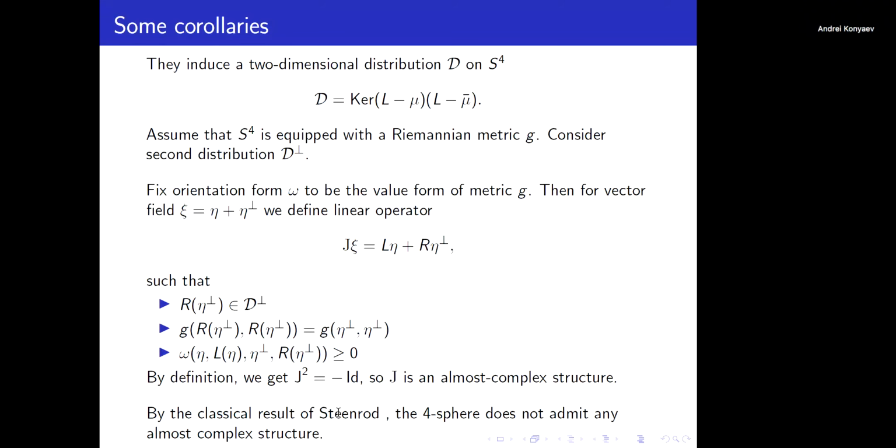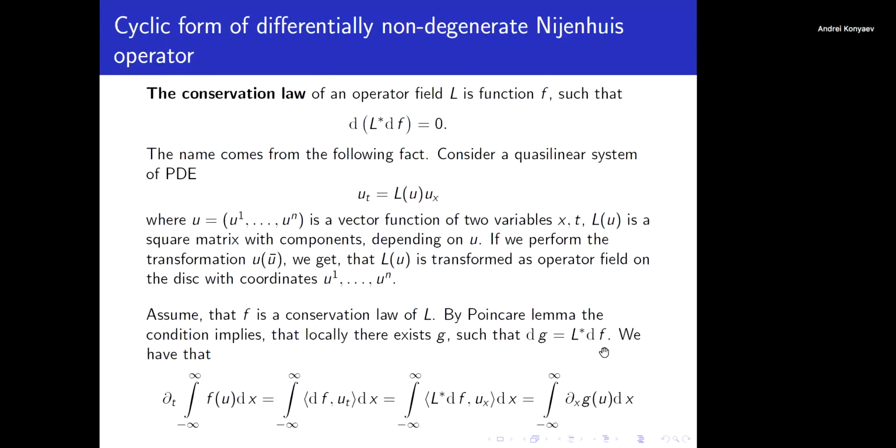So basically we rotate this plane in the positive direction onto the other plane, and the image of the original vector eta is the result of the action. Because of this rotation, this is an almost complex structure, and we get that it is impossible. There is no such J.